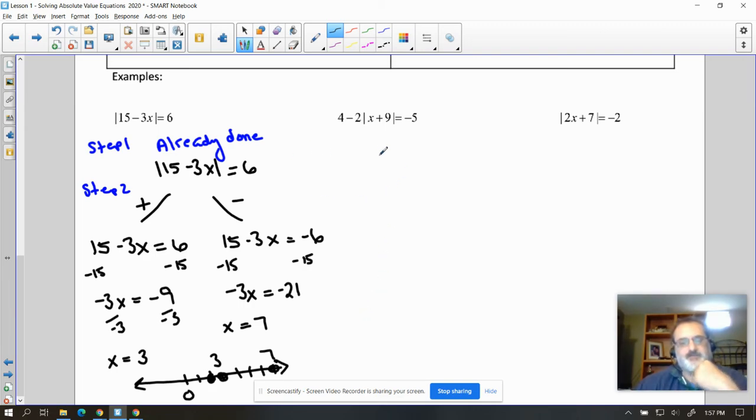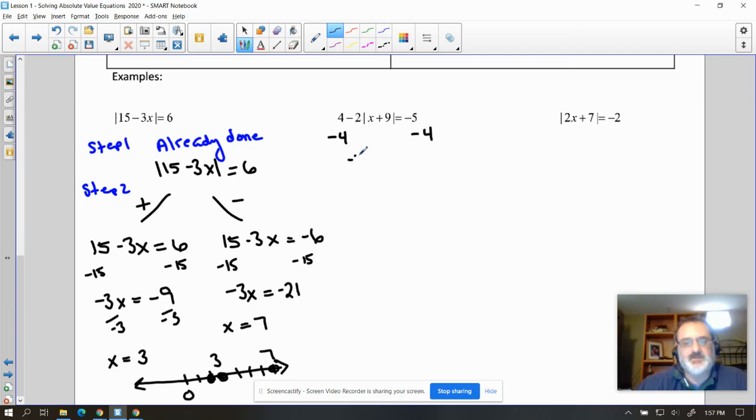All right, next one. We're going to isolate the bars. So step 1 is not done for us. We need to subtract 4 from both sides. Get rid of this because this is getting a little complicated here. Subtract 4 from both sides.